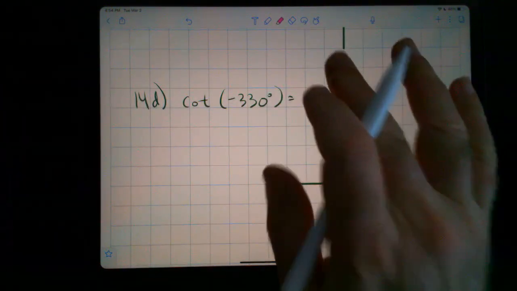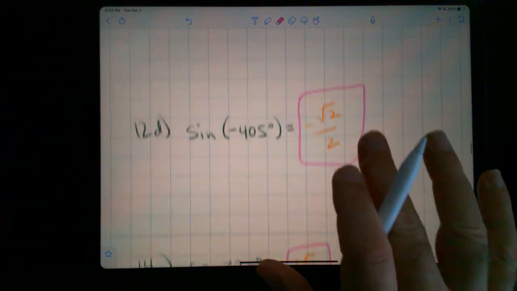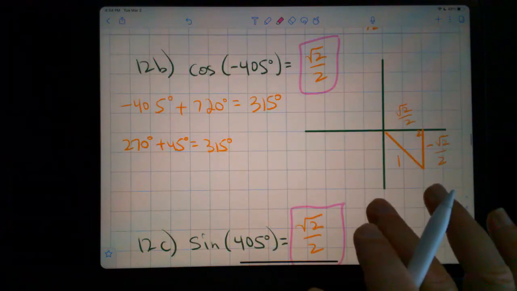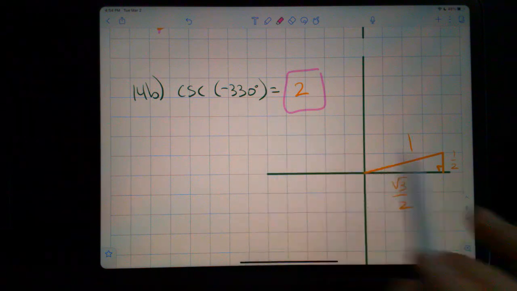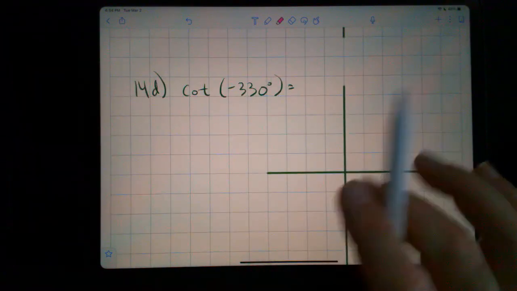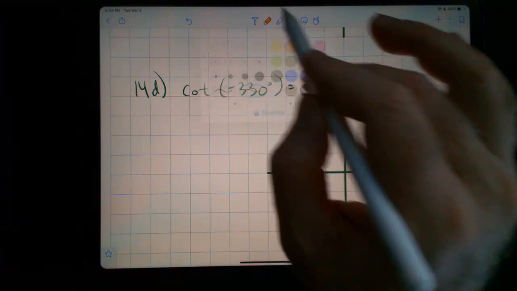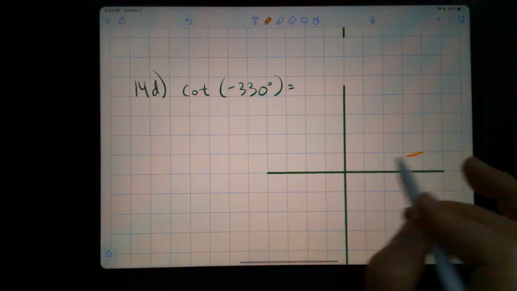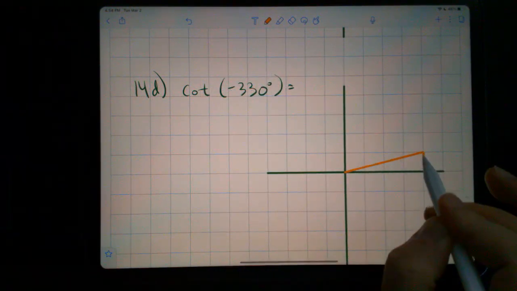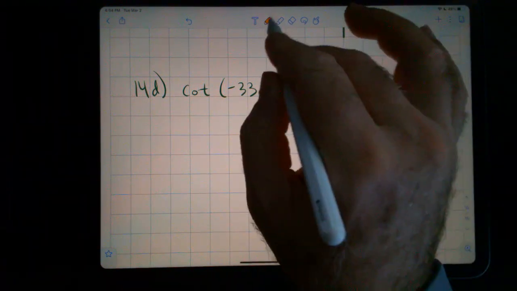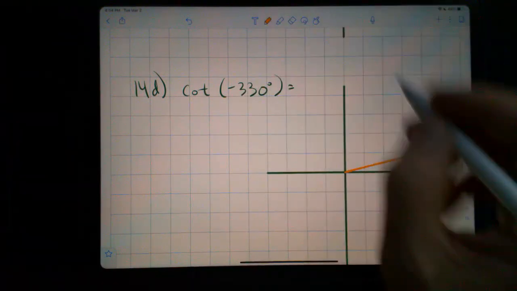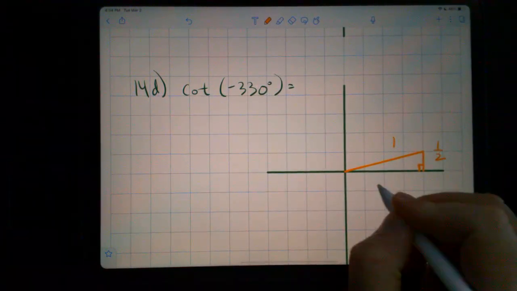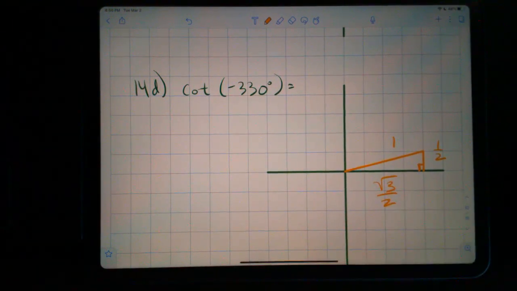Cotangent of negative 330. Cotangent negative 330 is going to be, we have 1, we have 1/2, and radical 3 over 2.